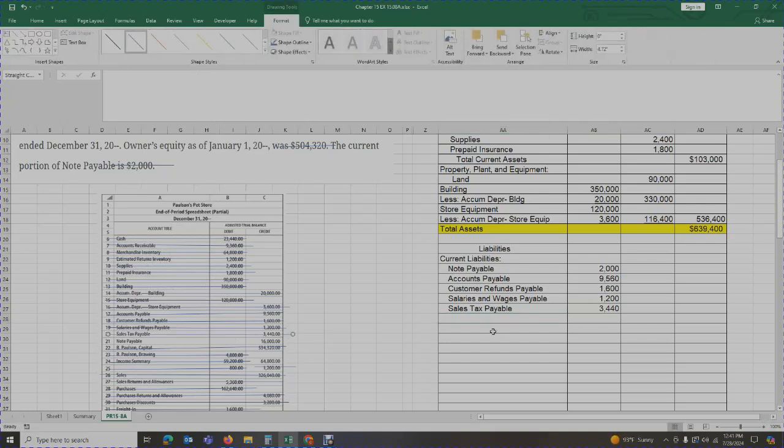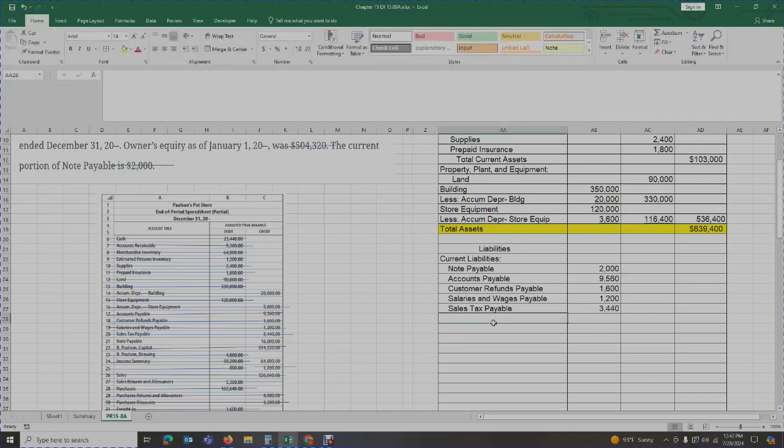The last item we have is notes payable. Now we said notes payable is usually an agreement where it's going to take us quite a bit of time, a couple of years, to pay off this debt. Notes payable is not a current liability, so we're going to stop there. Remember, current liabilities are anything that you're going to pay within a year or less. So we're going to get our total current liabilities.